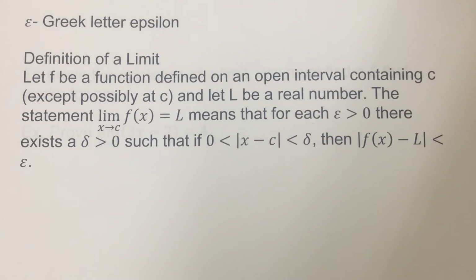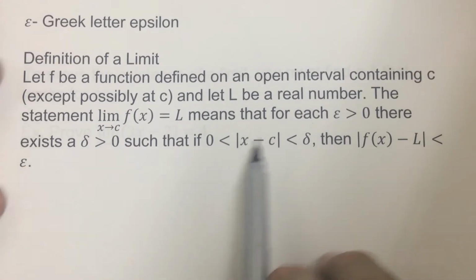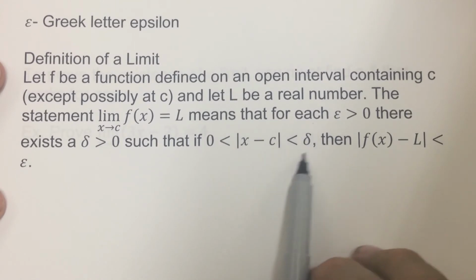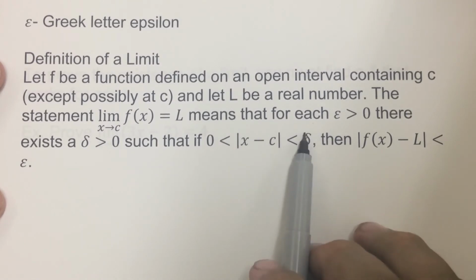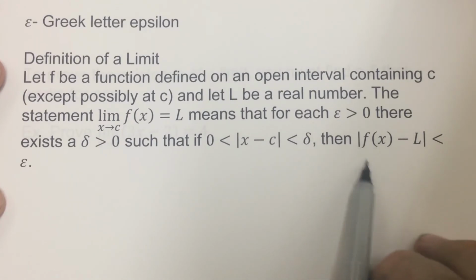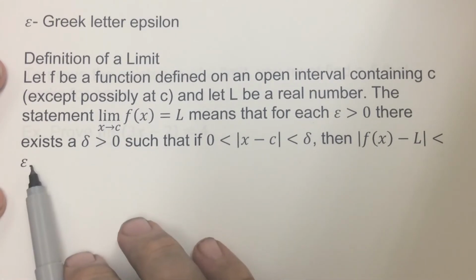be less than epsilon. So think of it as the difference that we are away from x has to be within a certain delta. So think delta applies to x, such that our limit that we take away from our actual function is going to be less than an epsilon.